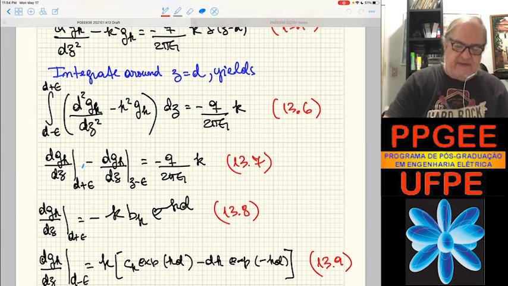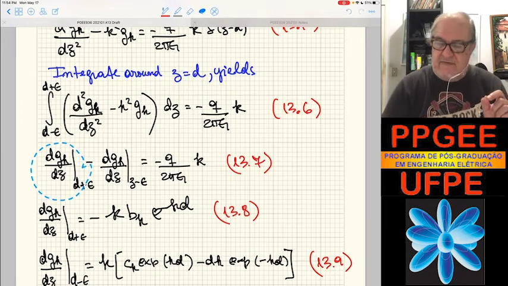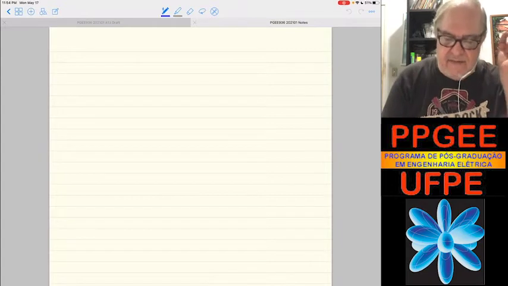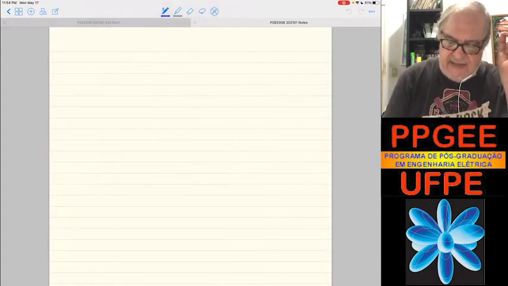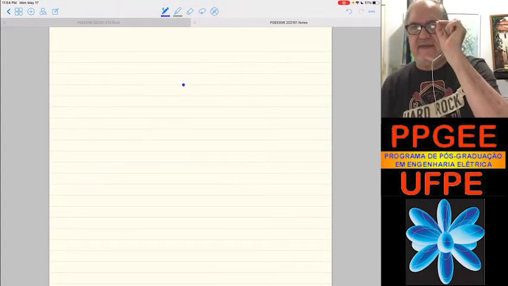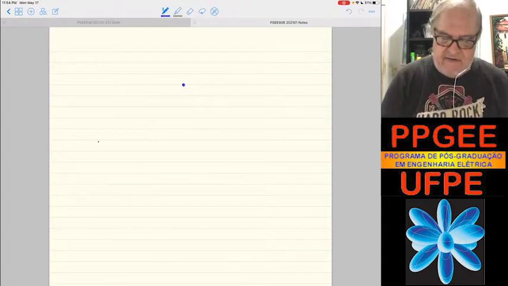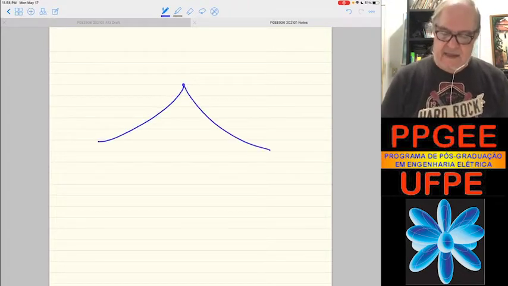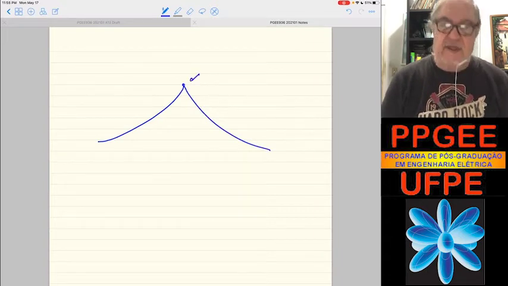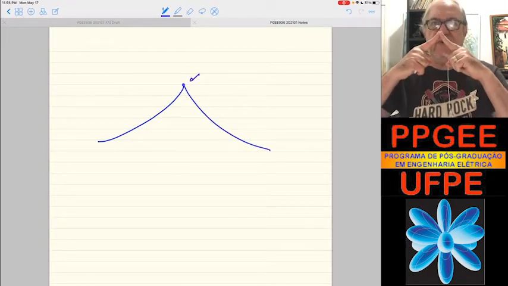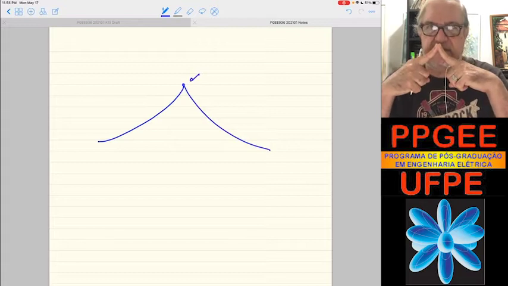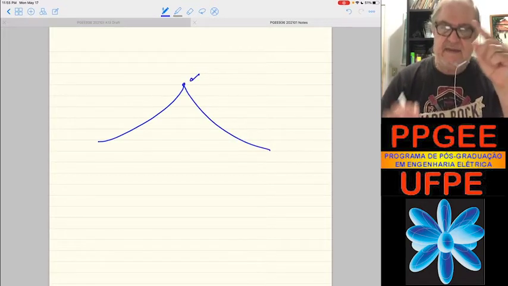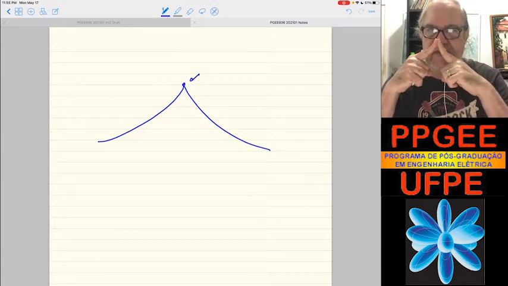Okay? So this is the result of the integration of the delta function, and we have a difference of derivatives. Every Green's function has this property that we always have to remember: when you have that singularity, the point of the delta function, the Green's function has this behavior. We have continuity of the function and discontinuity of the derivative.